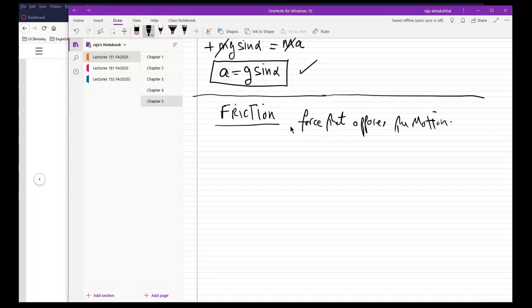So if I have a car moving this way, the friction force is going to be this way. If I have a rocket moving this way, the drag is going to be this way. The symbol of friction, by the way, is small letter f, okay? So that's the motion of the rocket, and so on.